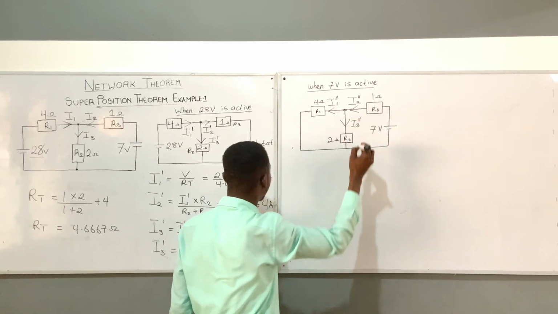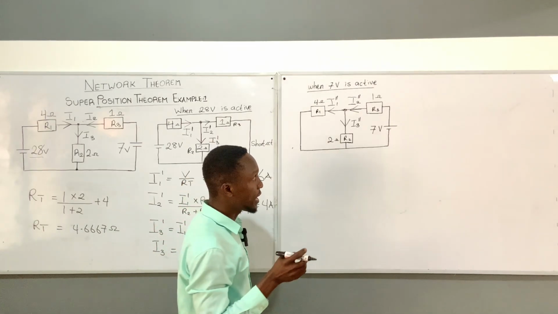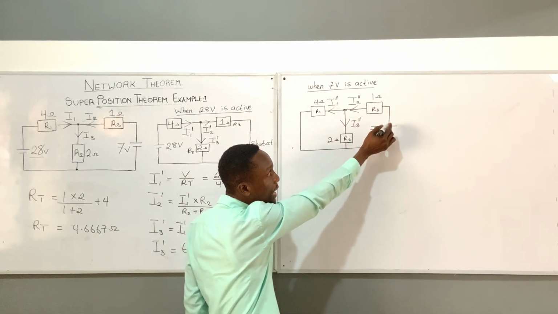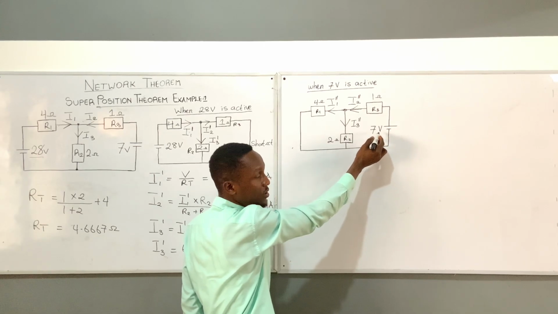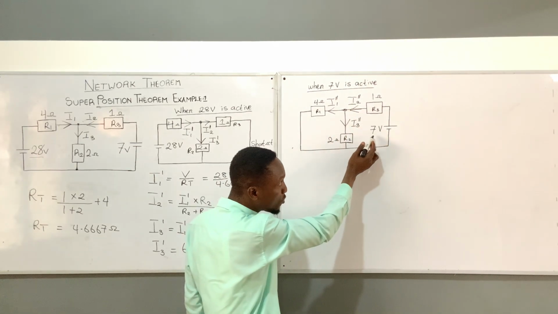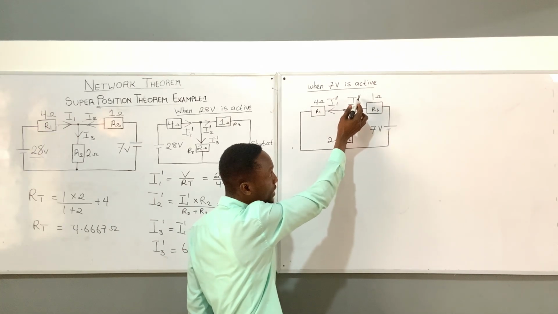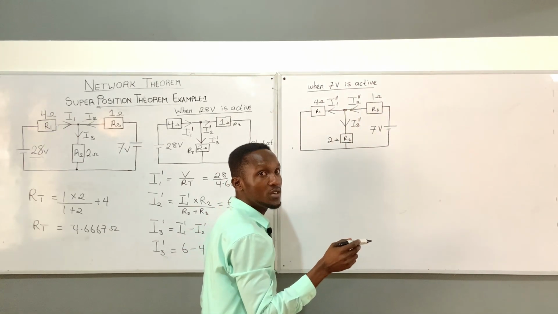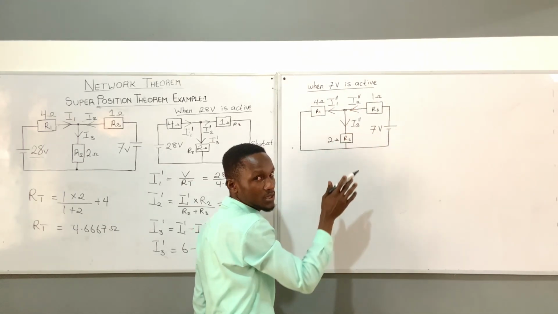I3 prime prime. Now, we can find the total resistance of this circuit and find the supply current because we already have the voltage source. So once we find the supply current, note 7 volts is supplying I2 prime prime, so that is the supply current. So we have to find it first. To do that, we need the total resistive value of this circuit.